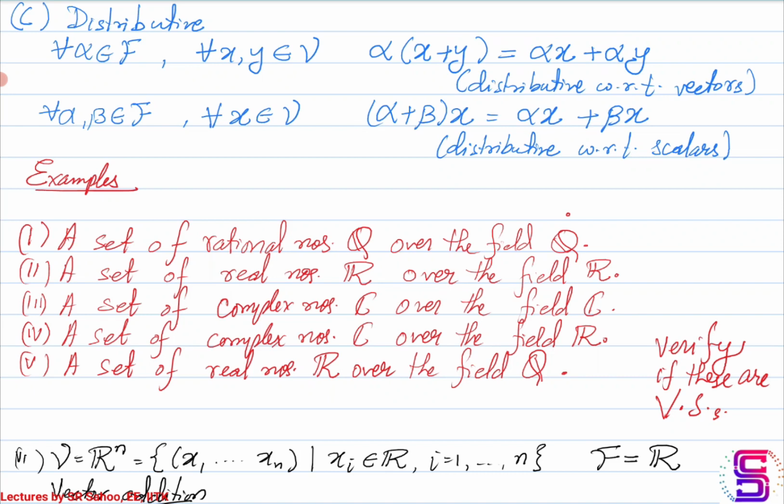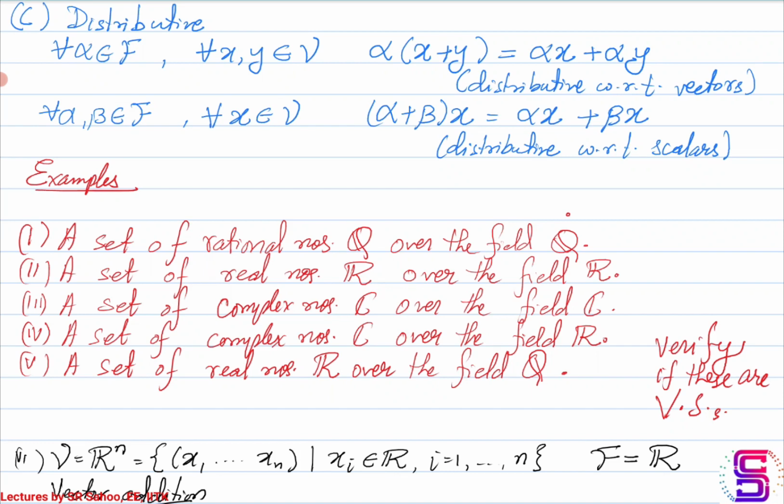What about scalar multiplication? You take an element from the set of rational numbers that you had qualified as a field and multiply it with the rational number from the set V. The product of two rational numbers is always going to be a rational number that lies in the set V. Similarly, if you take the element 1 from the field and multiply it with a rational number q, then you get back the same rational number which belongs to the set V. Okay, so that is also satisfied.